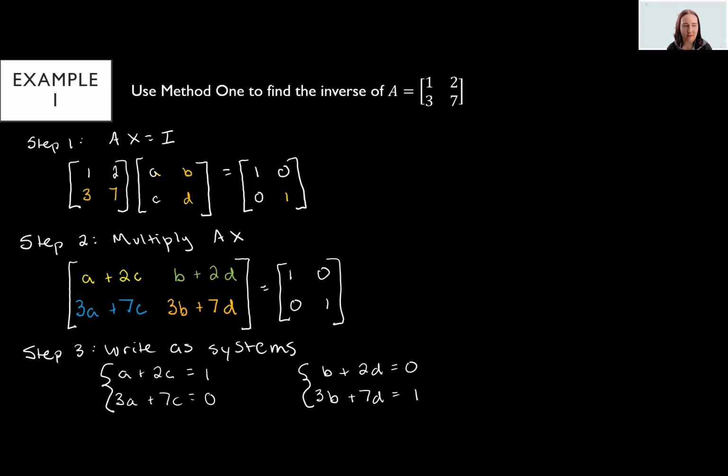So I'm actually going to do substitution on both of these because I noticed that for the first system, I can rewrite the first equation in terms of A. I can solve for A there. And then the second one I can solve for B, and then I can substitute them in. So I'm going to just solve these with substitution, but you could solve these whichever method you prefer.